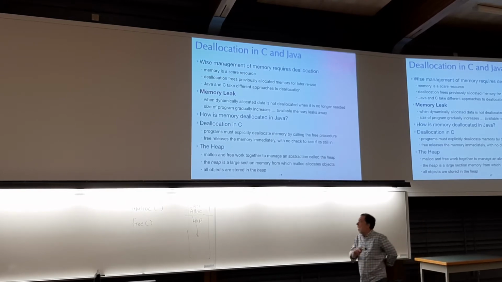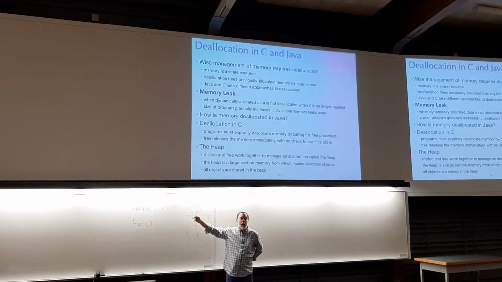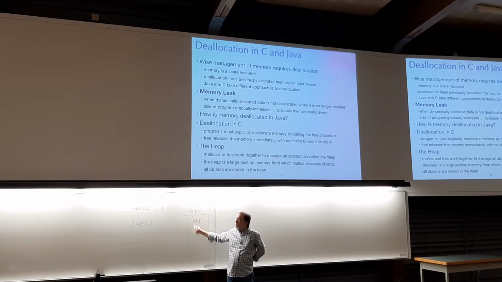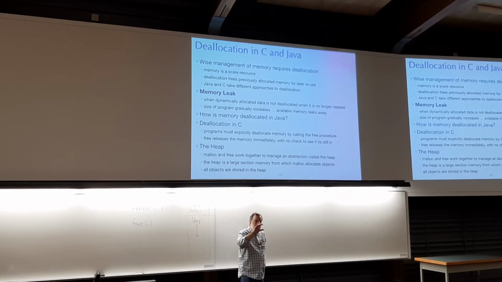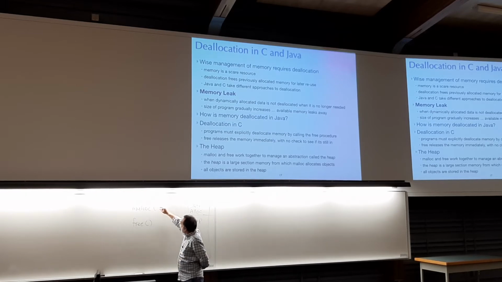The library maintains a data structure that records what part of the heap is currently allocated to something and what part is not. When you say malloc, it goes through this data structure and finds a place that's big enough to store the n bytes you asked for that isn't already allocated.